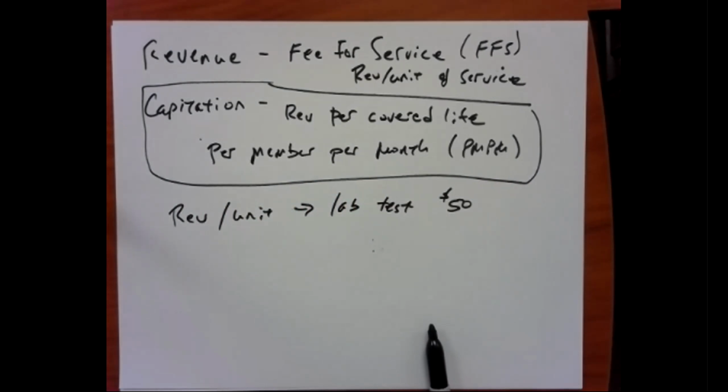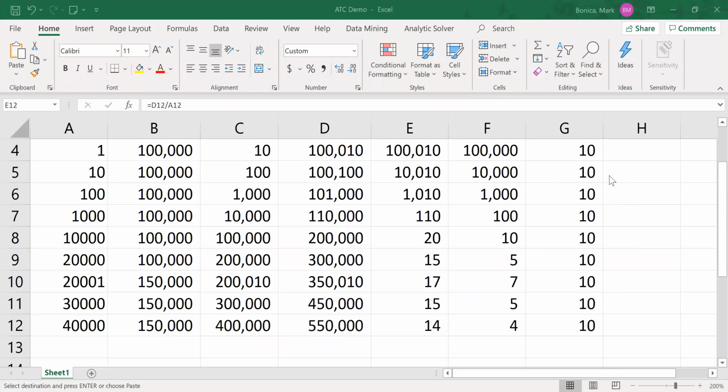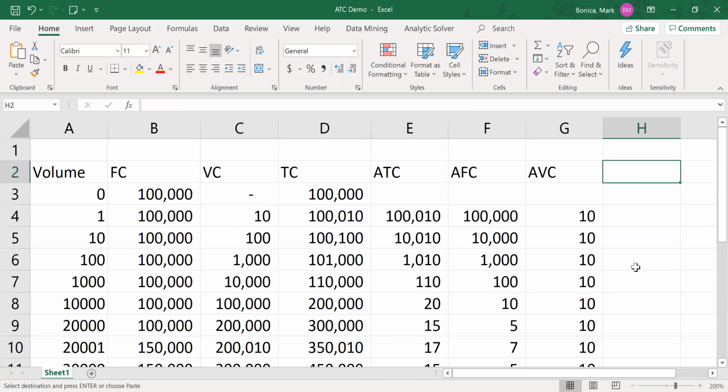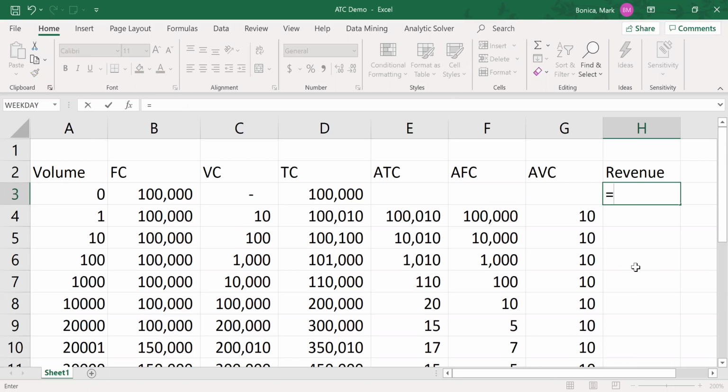So if we set our price at $50 per test, then we're going to take 50 times our volume.